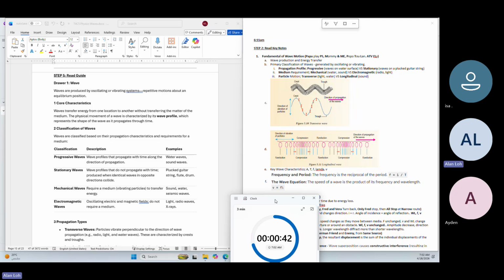After step 5, we will have a break. Twenty seconds.